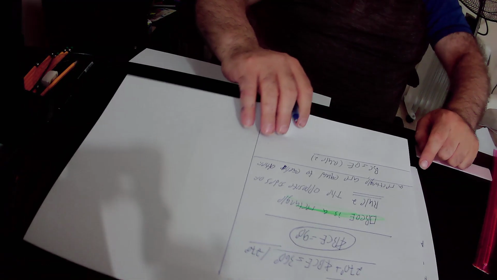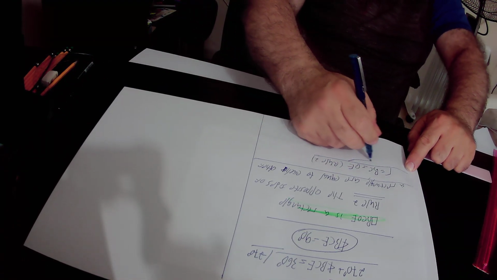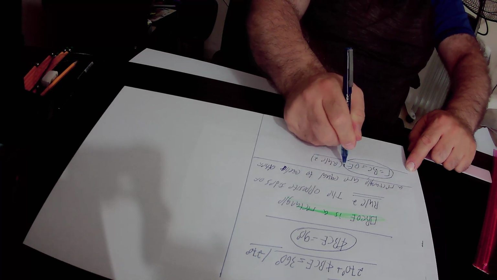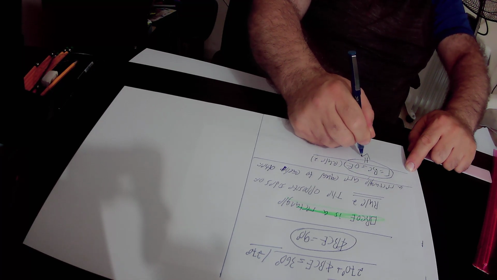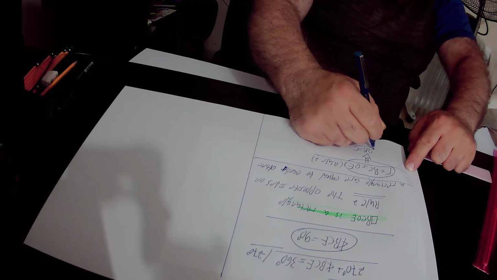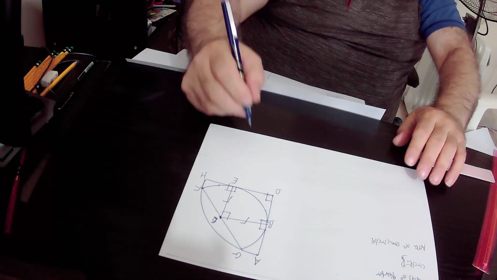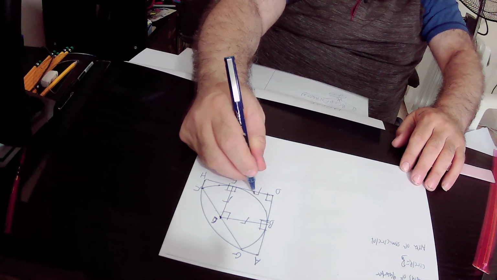So from this equation, R equals BC equals OE, we will derive that OE is also equal to R. So here OE equals R.